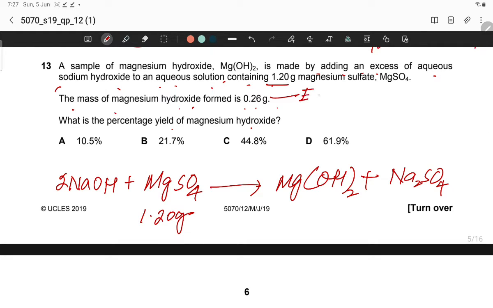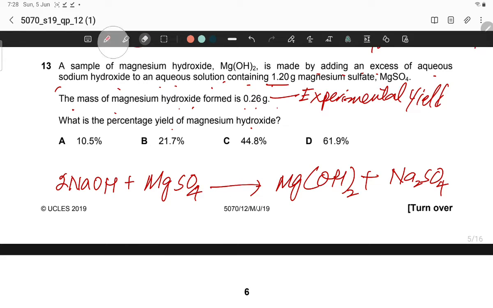This is the experimental yield. And 1.20 gram of magnesium sulfate.